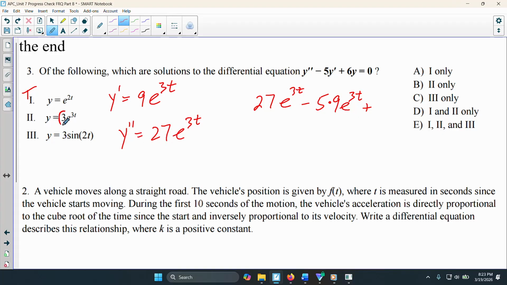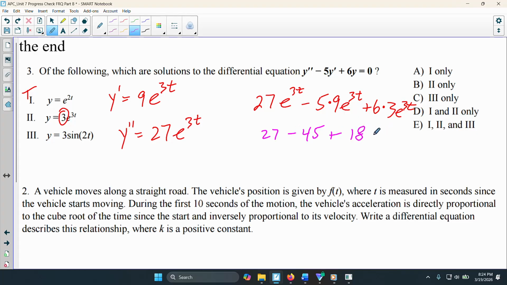The original had a 3 here, so 6 times 3 e^3t. They're all e^3t, so you have 27 of them minus this is 45, and this is 18.